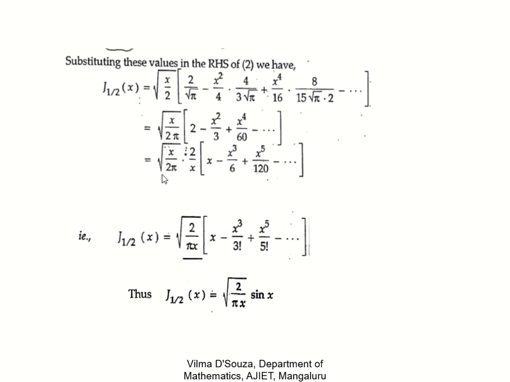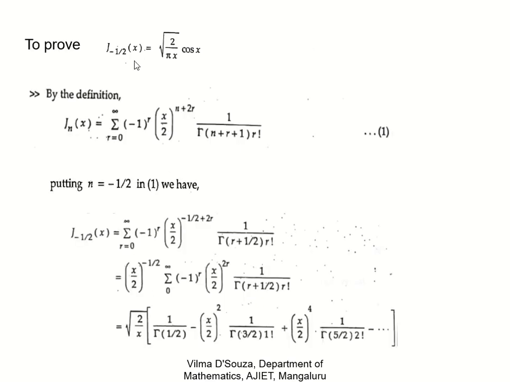And also you need to prove J minus half of x, for which if you understand J half of x, it is more than enough. J minus half of x is similar, so I'll explain in brief. J n of x you have.